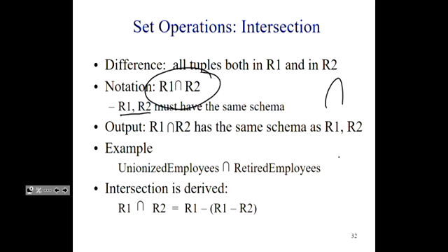So I might want to do an intersection between unionized employees and retired employees to find the employees who are both unionized and retired. The way to derive intersection using the other operators is R1 minus R2 gives us the intersection operator. So it's a derived operator.